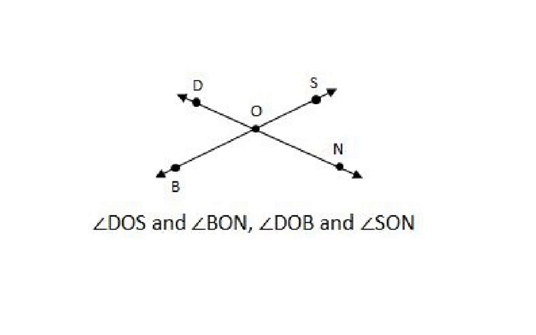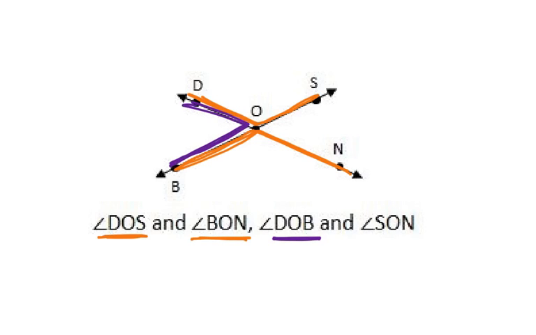Here's another example written in a different way. Down here we see that angle DOS, this one here, and angle BON are vertical angles. They are opposite angles, and they are equal to each other. To the right of that, we see angle DOB, this one here, and angle SON.